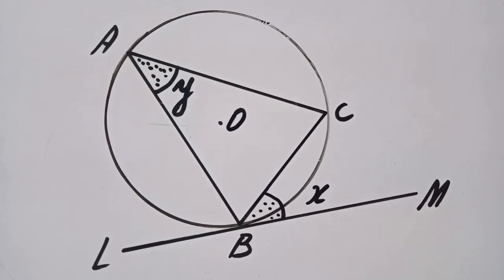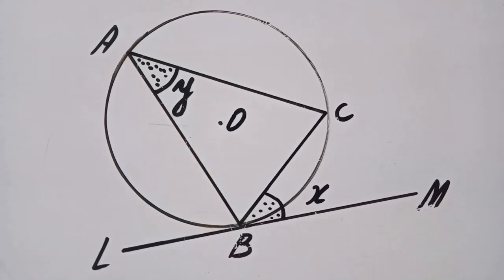In this figure, here is a circle with center O, and LM is the tangent on this circle which touches the circle at point B. Now, angle X should be equal to angle Y. Angle X is the angle between the chord and the tangent, and angle Y is the angle subtended by the same chord in the alternate segment.